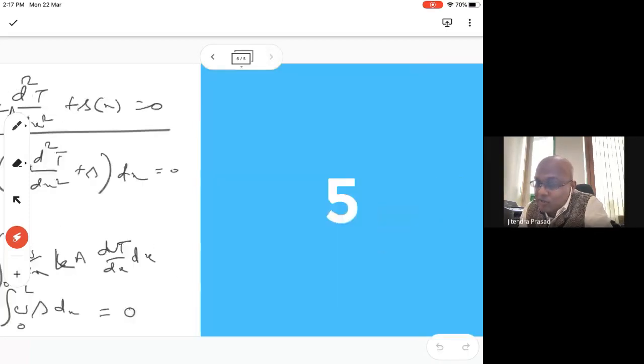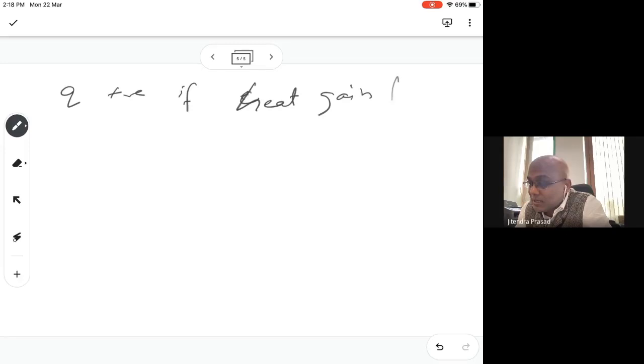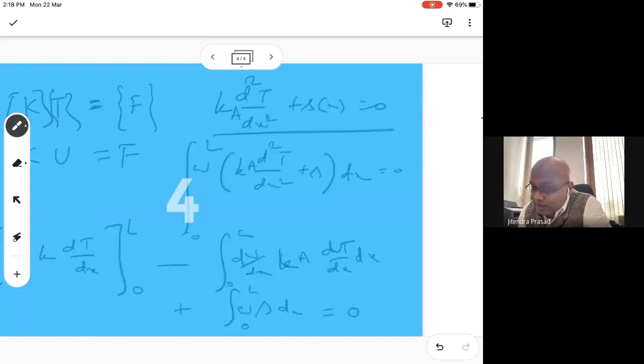So in this case, Q is positive if heat gain or energy gain. Got it? If it is heat gain or energy gain, Q is positive.